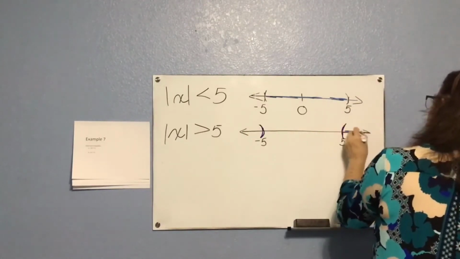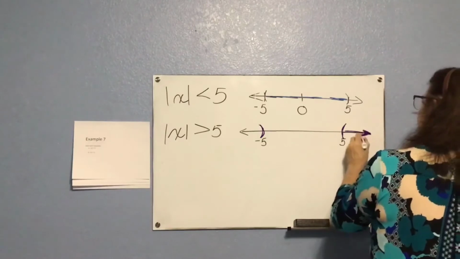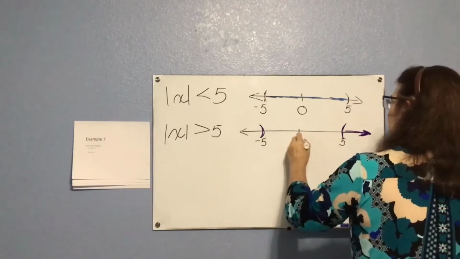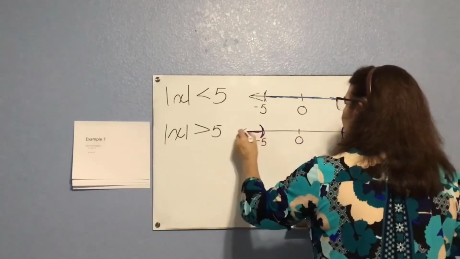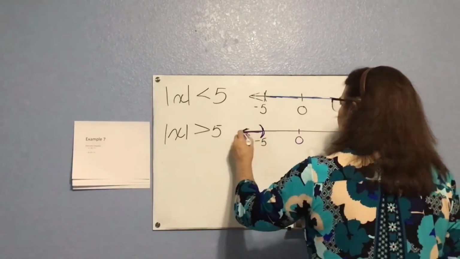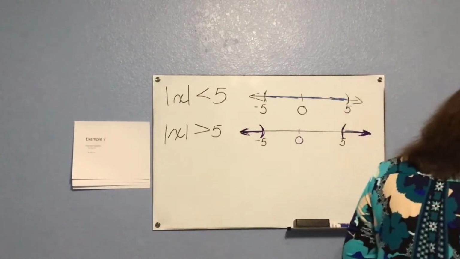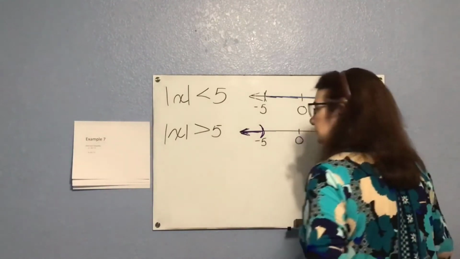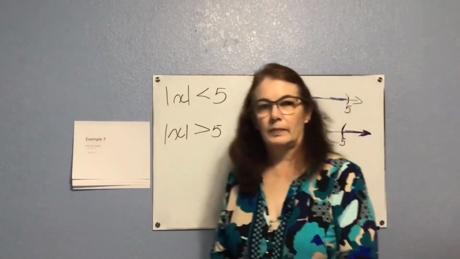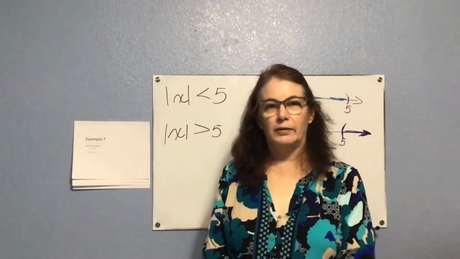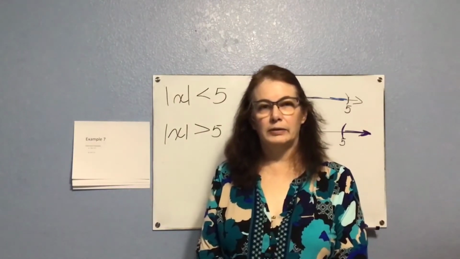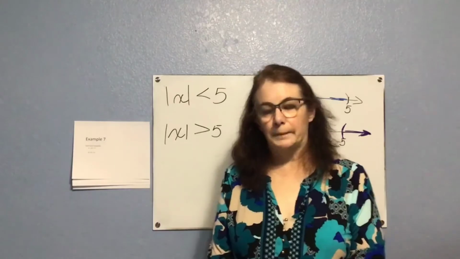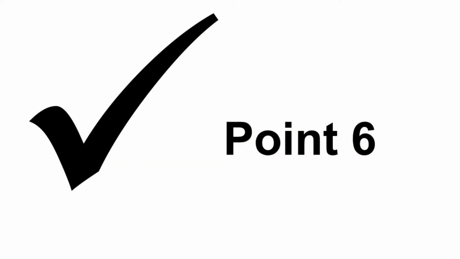And I'm talking about this distance out here is more than 5 units from my 0, as is this distance. Okay, pause the video now and do some absolute value graphs on your own. Okay, go ahead and pause the video and work on checkpoint number 6.